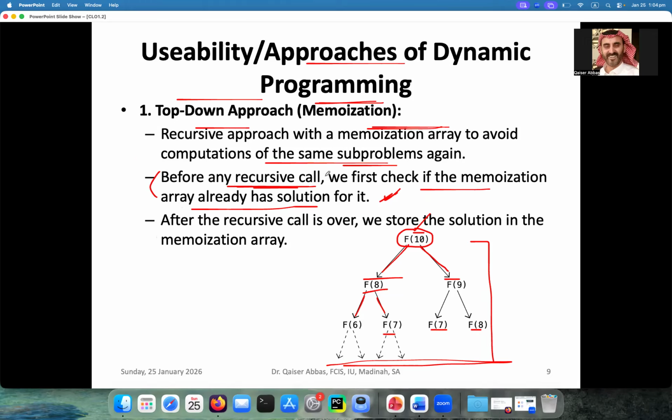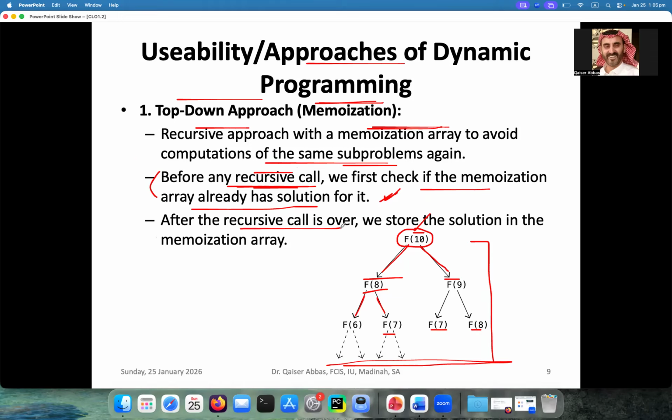Before a recursive call to any subproblem, we will first check whether the solution for that subproblem is available in the memo. If it is available, we will use it and we will not make the recursive call. If it is not available, then we will go for the recursive call. It will save our time, because you will not compute the subproblem again. You will use only the answer which is available there.